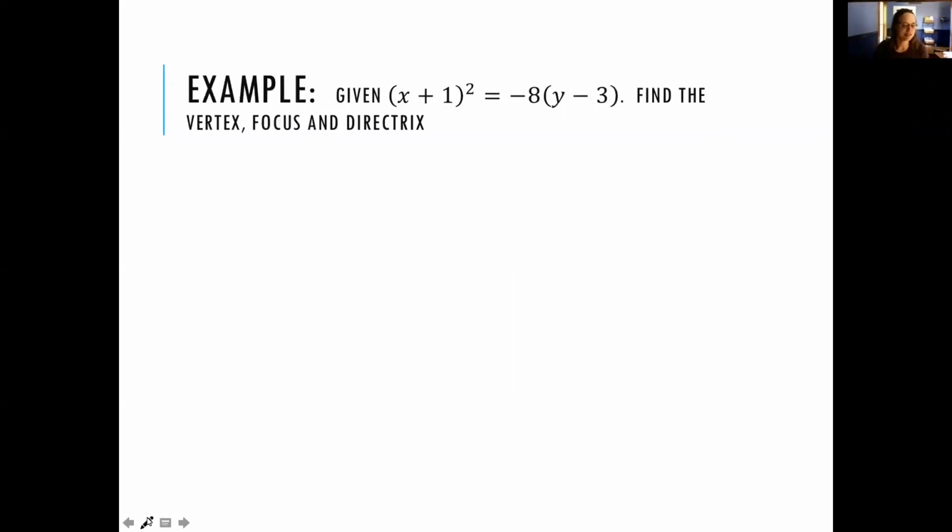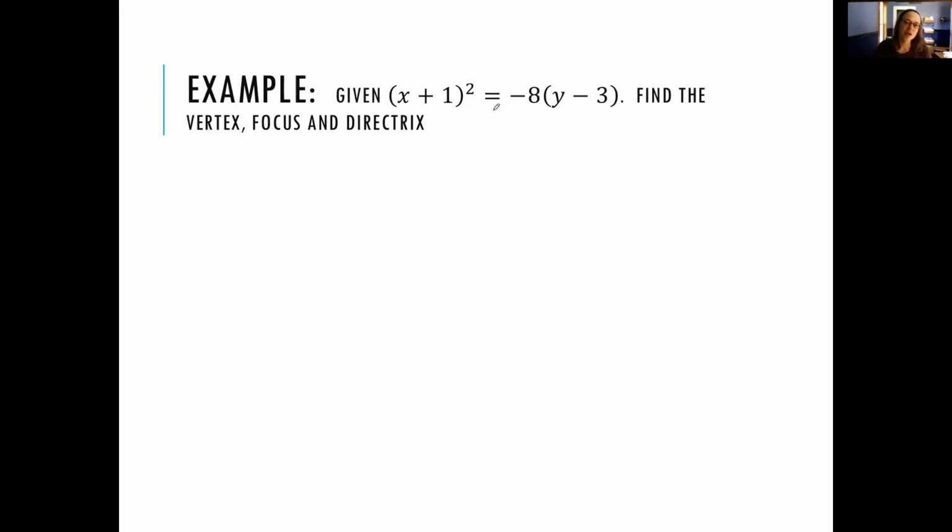So let's take a look at the equation of a parabola. We are given the equation x plus 1 squared equals negative 8 times y minus 3. We want to know where the vertex, the focus, and the directrix are. Now we know this is a parabola because only x is squared. We also know that this is a vertical parabola because x is squared.